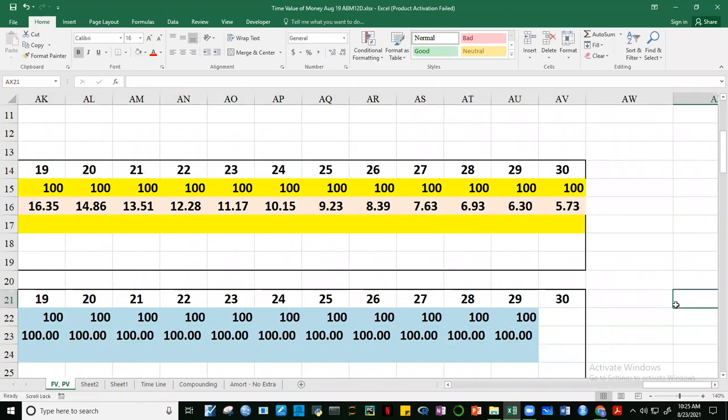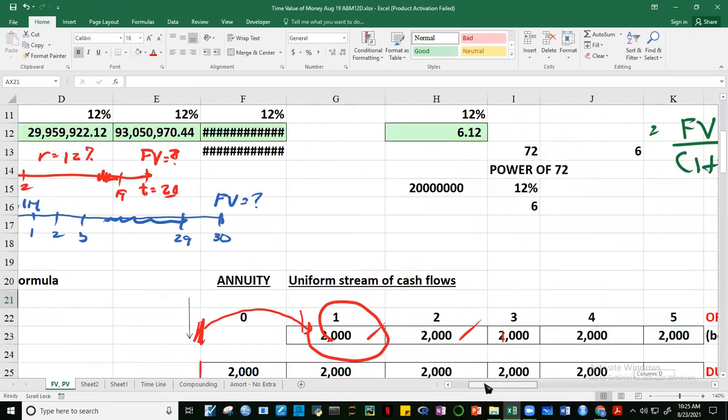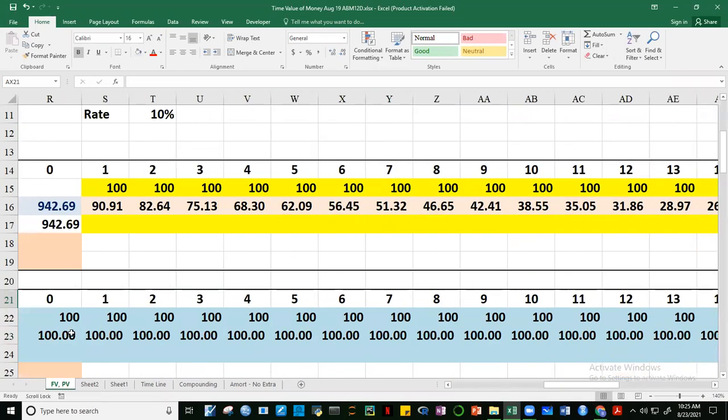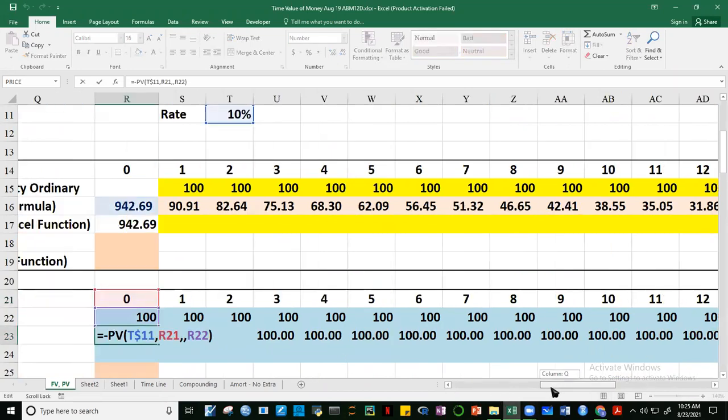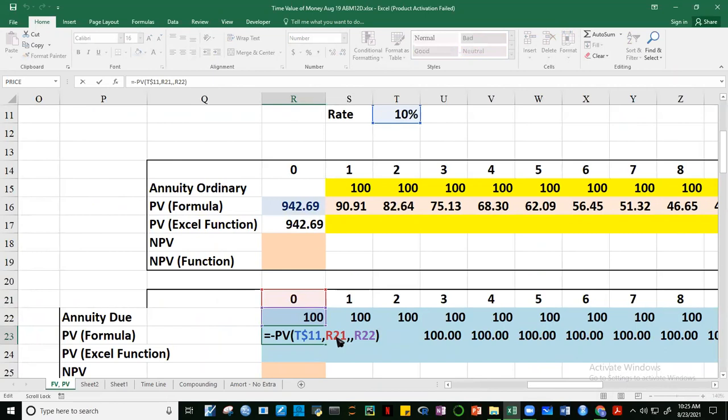Okay. Ay. Saan ako nagkamali? Where did I commit a mistake? Ano to? N per. Yan, 0. Okay, rate is this one. Fix natin yung... ba't ko finix yung row? Mali.